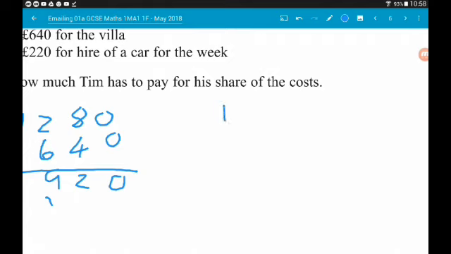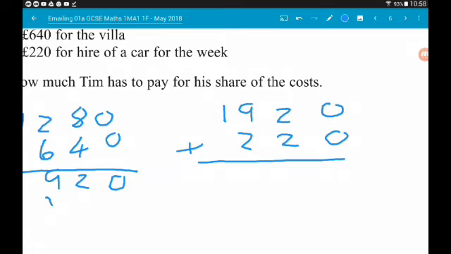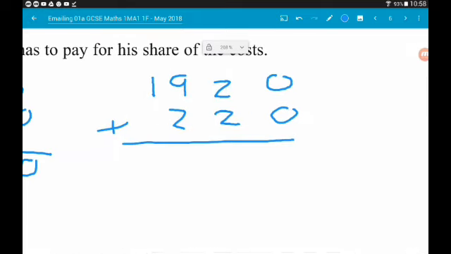So now we need to add on the cost of the car. So now we're going to do 1,920 add £220. Okay, so again starting from the right, 0 add 0 is 0, 2 add 2 is 4, 9 add 2 is 11, stick a 1 there, carry 1, 1 add 1 is 2.